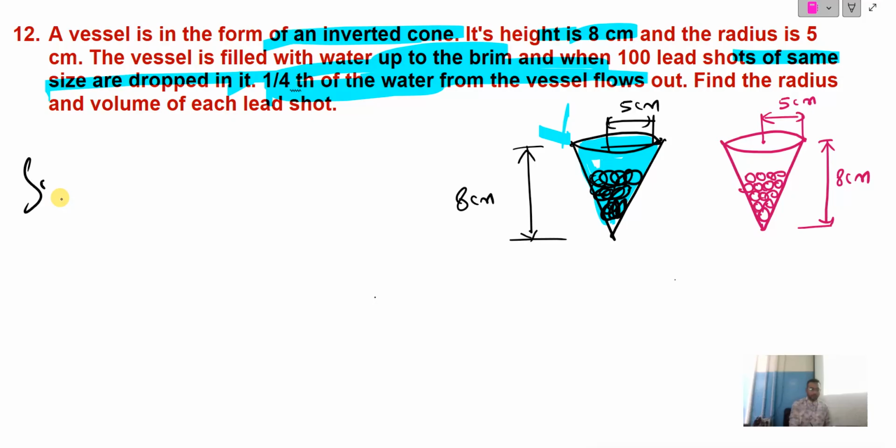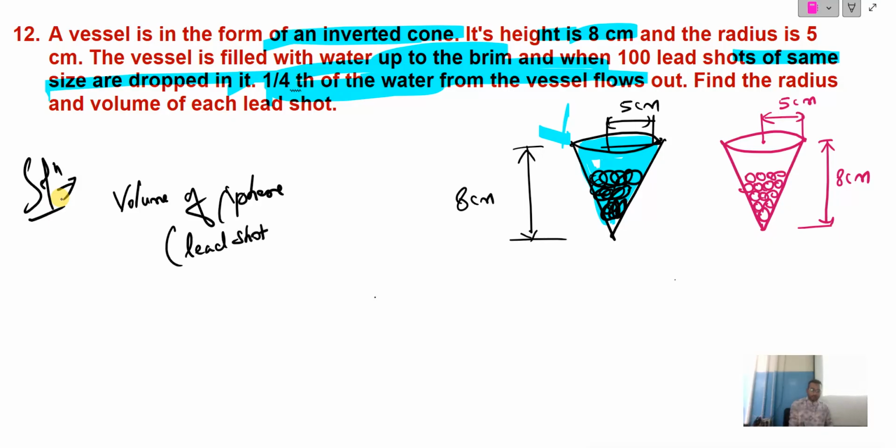Yes. Second, we know the volume of a cone. What is the formula to find the volume of a cone? Volume of a cone is 1 by 3 pi r square h. Clear? But here one thing is interesting: the radius of the cone is 5 centimeter, but the radius of the sphere is not 5 centimeter.